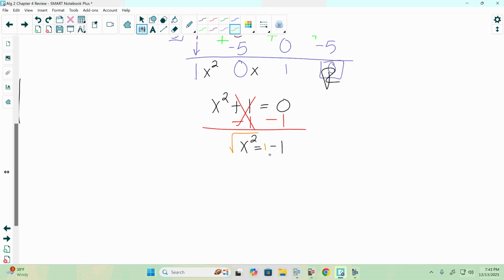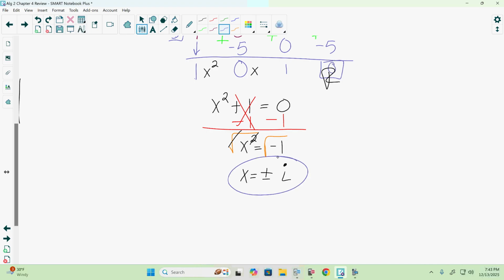And lastly, we can take the square root of both sides, and x squared is going to simplify to x. And again, whenever we take the square root of both sides, we have to put the plus or minus. Now, the square root of negative 1 is i. That's just by definition. Another way we can look at it is the negative is going to come out as i, leaving us with the square root of 1, which is 1, telling us it's 1i, or just i.